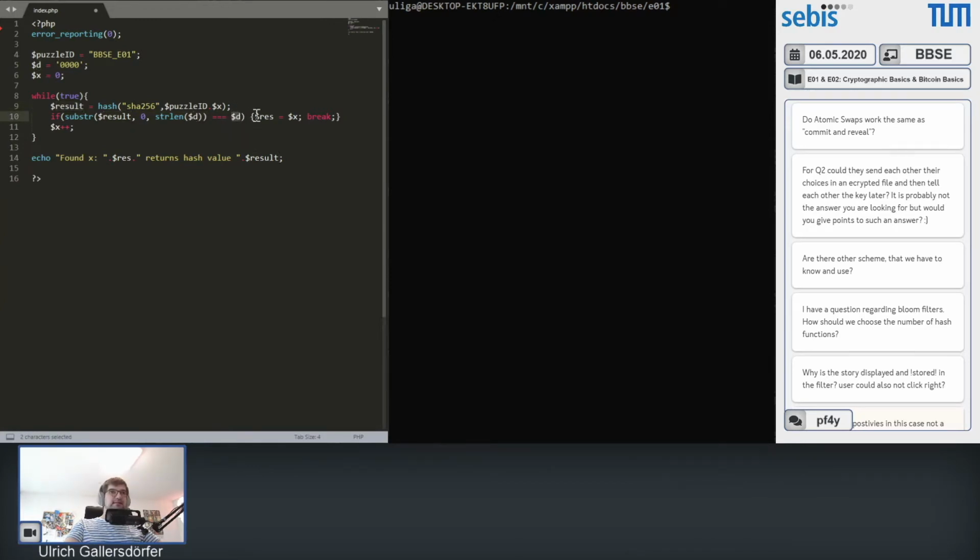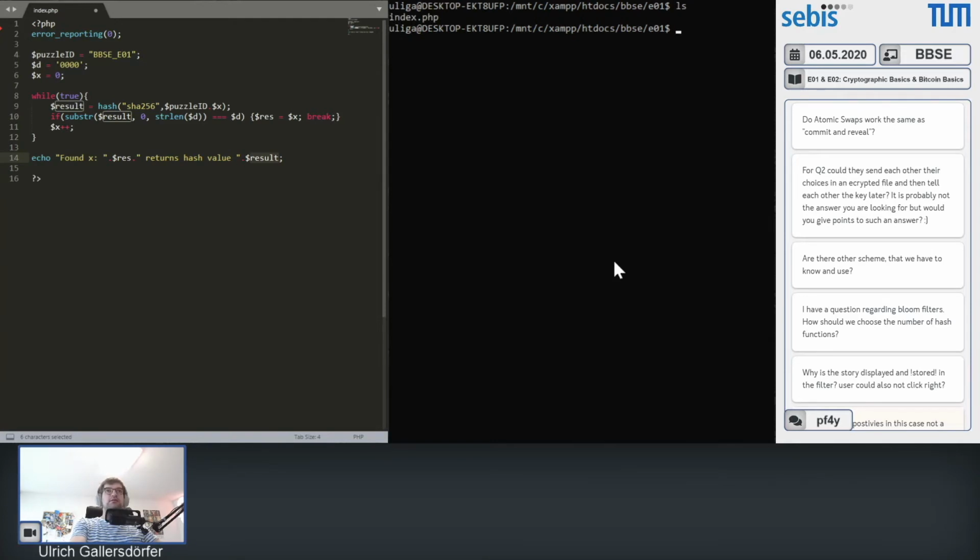And if that's the case, I define the variable res as x, so that I know what's going on, and I break. Then after that, we found x, and we return x and the hash value like this. I can do it now here.